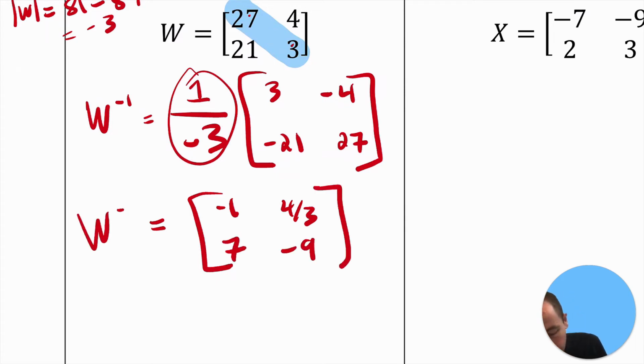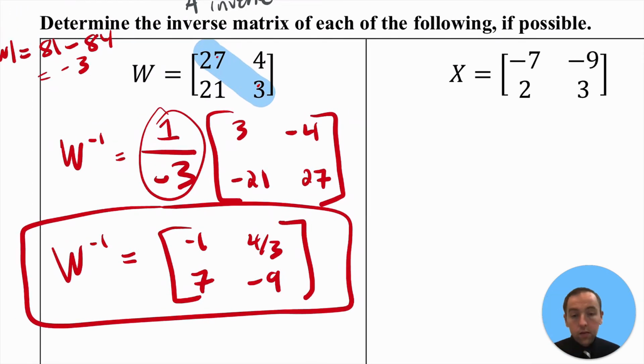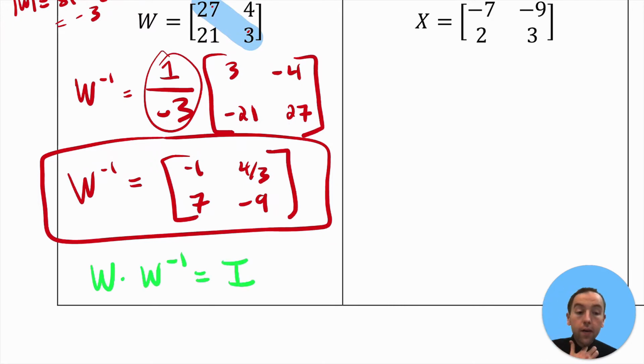So this right here is what was asked of us, because it just asked to determine the inverse matrix of W. What this means in terms of application is that it's the matrix that, when we multiply it with W, is going to equal the identity matrix.